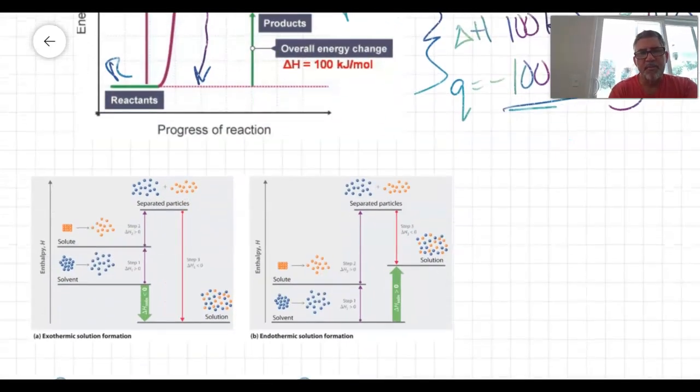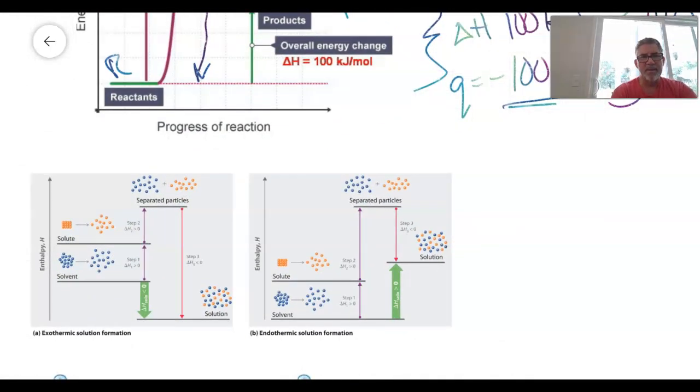And here's another example. If you looked at the first one, you knew this was exothermic because my products have less energy than my reactants. Here you would know this is endothermic because my products have more energy than my reactants.